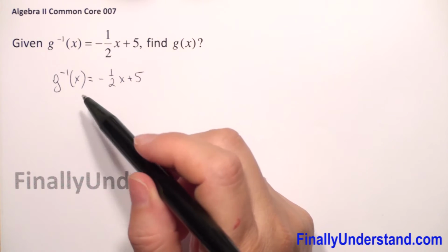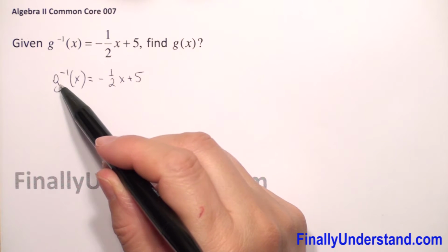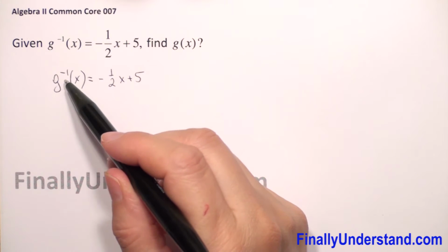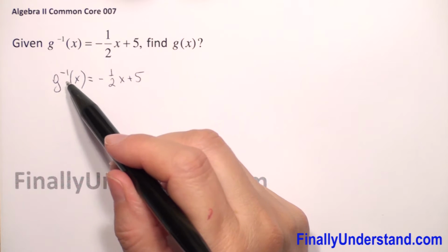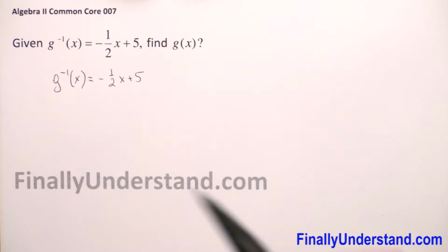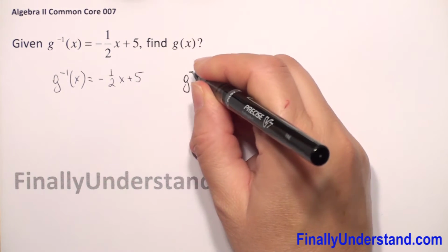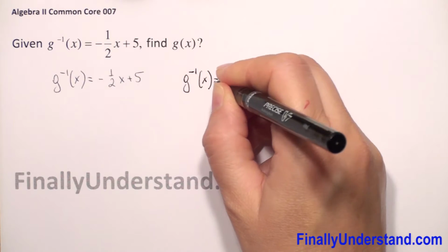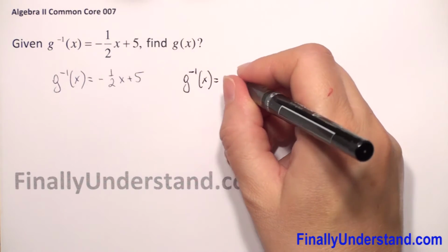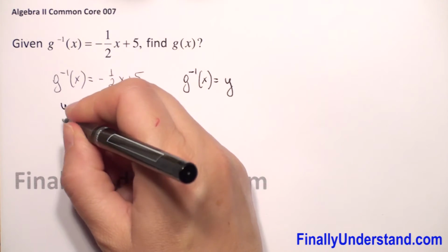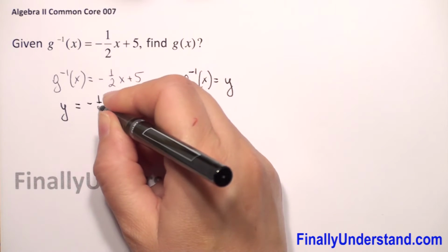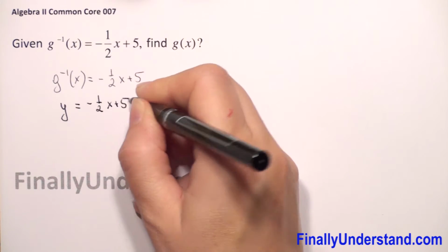Next we will replace g inverse by y. So we have y is equal to negative 1/2 x plus 5.